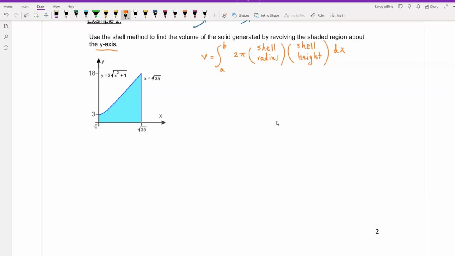And what we have here on this part, we have to draw a line segment across the region parallel to the axis of revolution and label the segment length, which is our shell height, and the distance from the axis of revolution, and that is the shell radius.